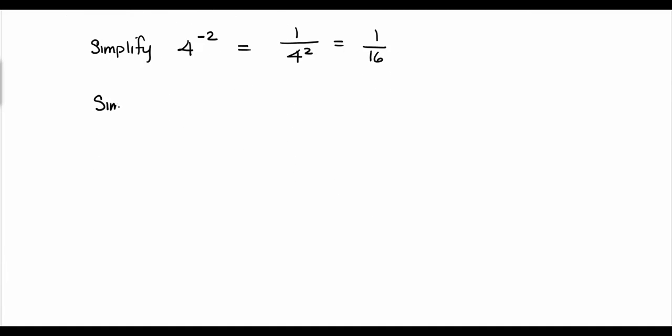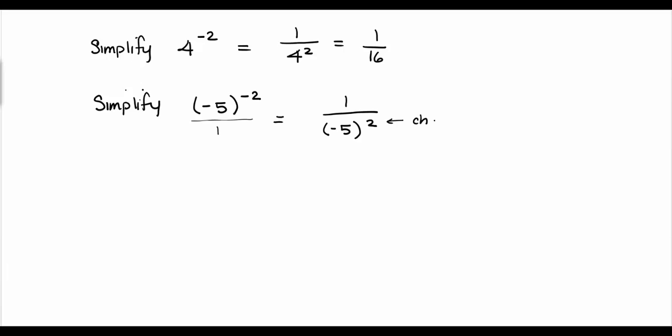What if I say simplify negative 5, in parentheses, to the negative 2? Well, that doesn't have a denominator, so I'm going to say that's just like 1. So I'm going to bring that down. The whole thing goes down, because it's in parentheses, so it becomes negative 5 to the positive 2.